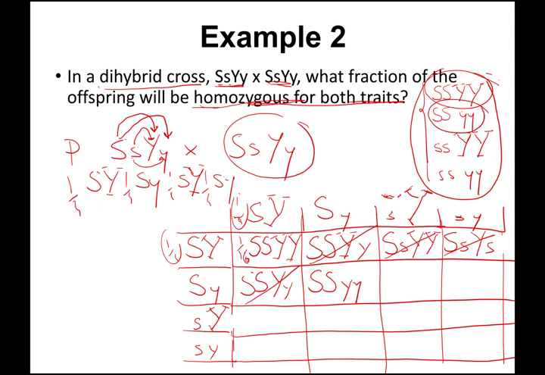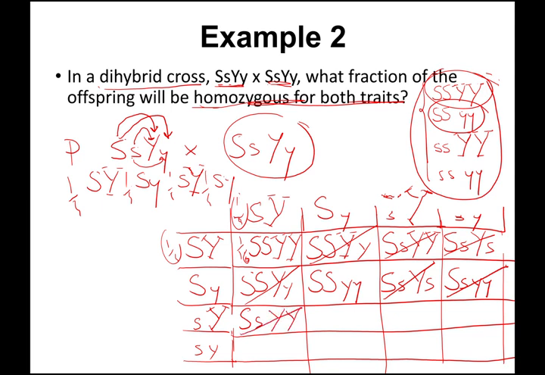So 1/16, 1/16. These will be heterozygous for the first, heterozygous for the second. Doesn't meet the definition of what we're looking for. And now these will be heterozygous for the first, homozygous recessive for the second one. Doesn't meet the definition. It has to be homozygous for both of them, right? So this will be heterozygous for the first one, which we already know doesn't meet the definition, and homozygous dominant for the second one.